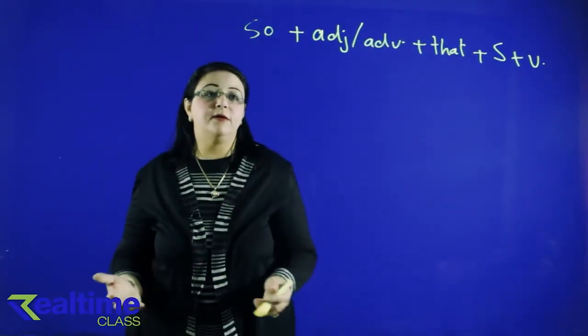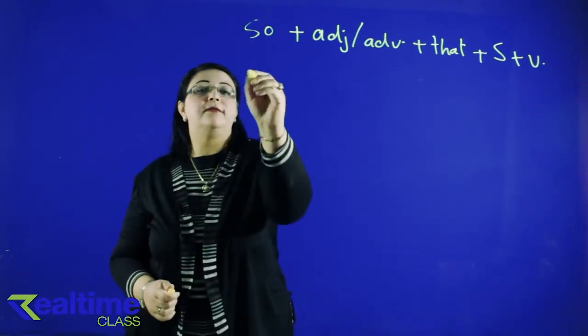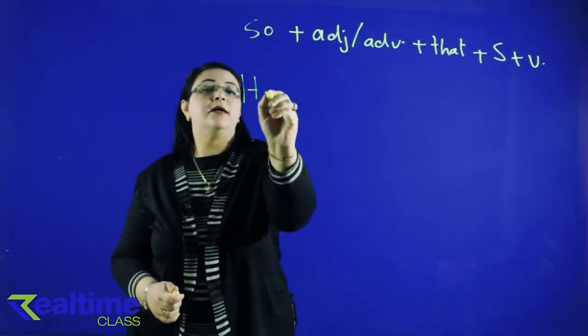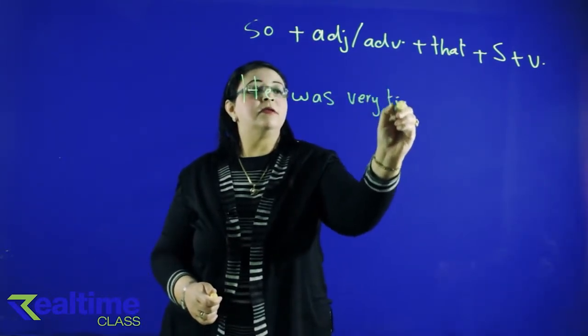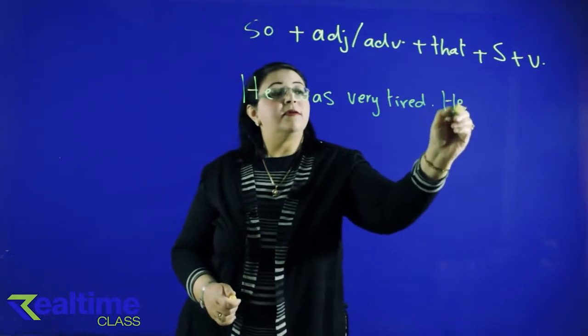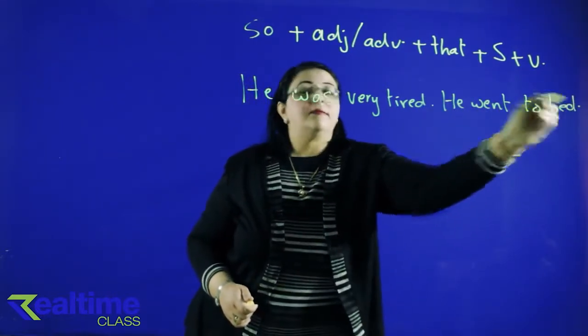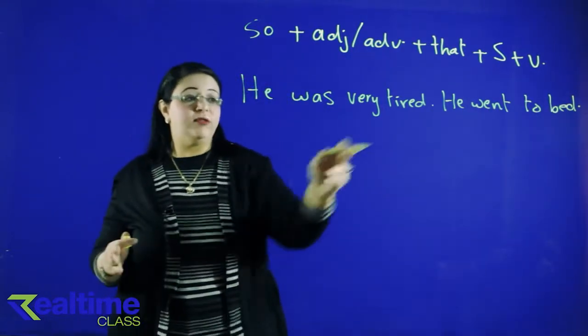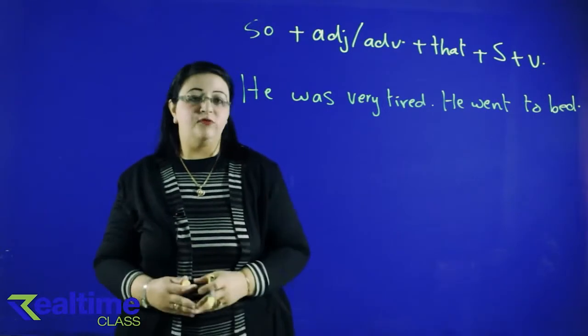So let's have some exercises to practice the rule. For example, if we say a sentence like this, he was very tired. He went to bed. Here we have an adjective, tired, and we have the result of the adjective, which is that he went to bed.